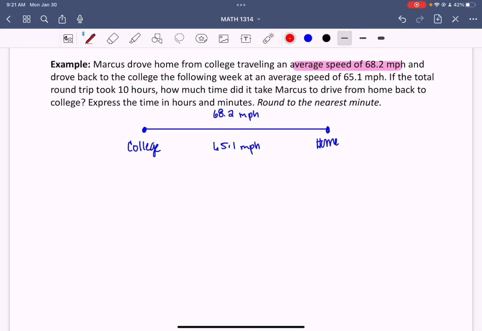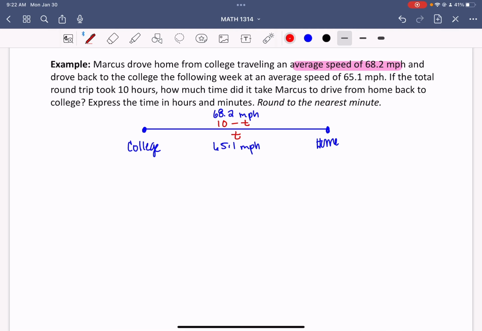If we track how long it took him to get from home to college as T, we take our 10 total hours and subtract out that trip of T, and that gives us how long it took him to get from college to home.